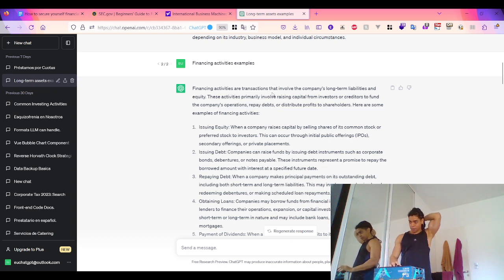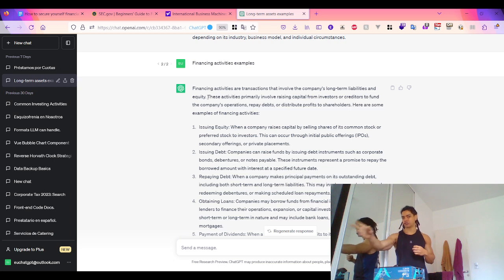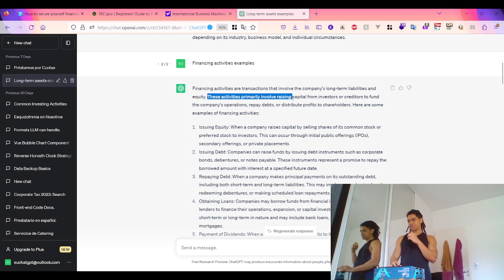So this activity primarily involves raising capital from investors, and the financing activities involve the company's long-term liabilities and equity, meaning ownership and the obligations to provide something.